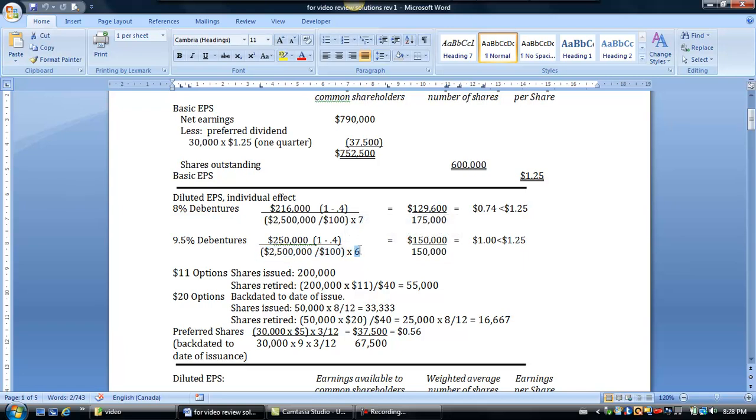Each of those 25,000 bonds is convertible into 6 shares, so we're going to have 150,000 extra shares. So the numerator would increase by 150,000 and the denominator would be increased by 150,000. That gives us an EPS impact on the 9.5% debentures of $1, which again is less than your basic EPS, so these two are dilutive.